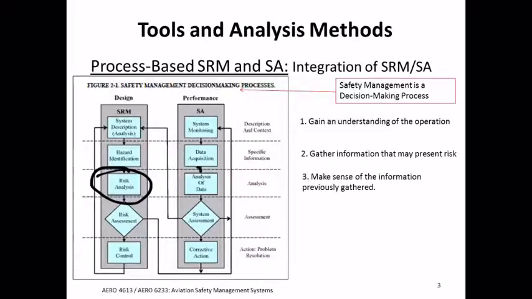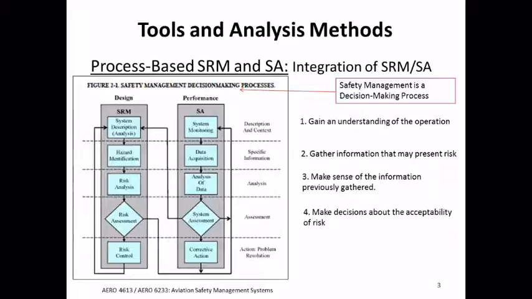In the SA component, we analyze the data that's gathered through internal, external audits, feedback, etc. So those are analyzed. Following analysis, where we make sense of the information, following that, again, moving in both components, a decision is made. Does the data support acceptable risk or not?